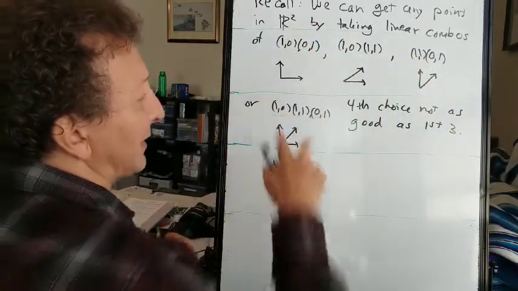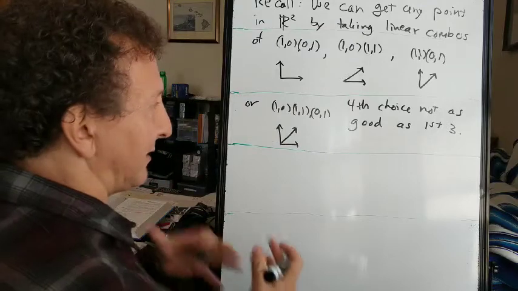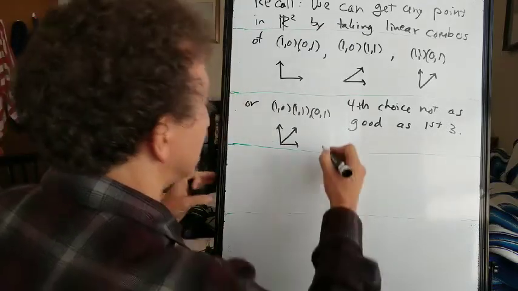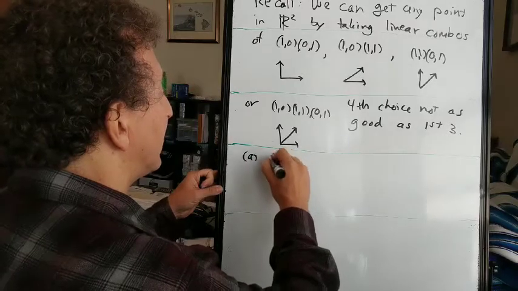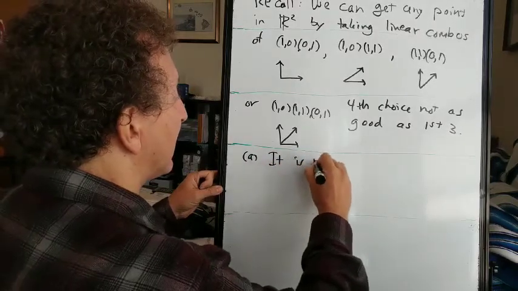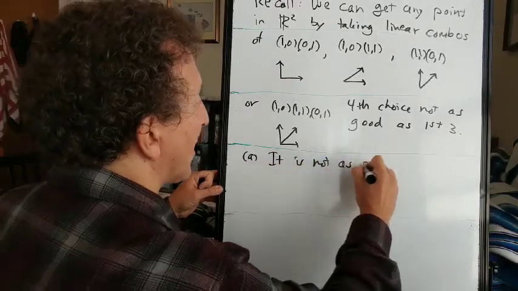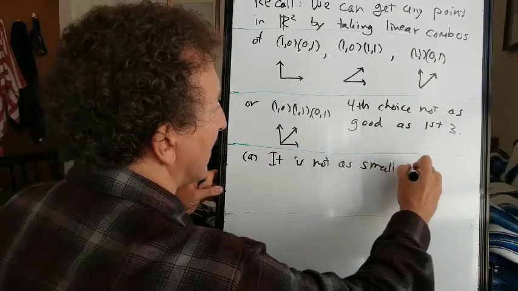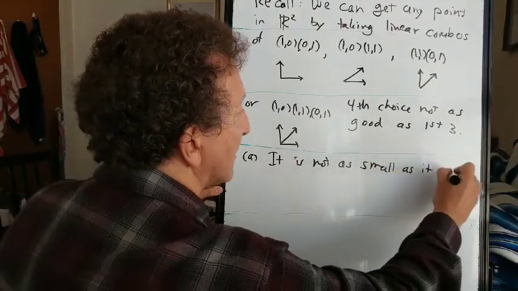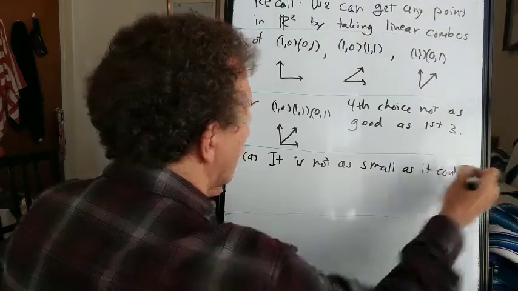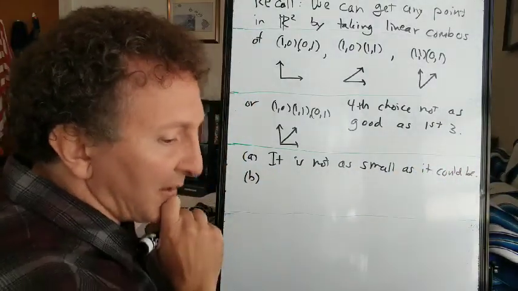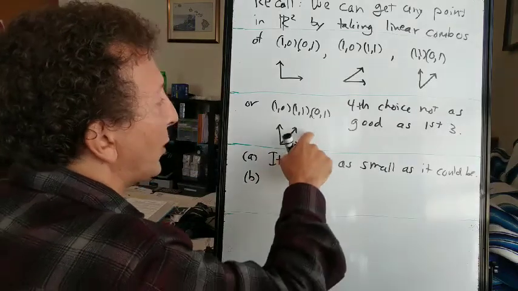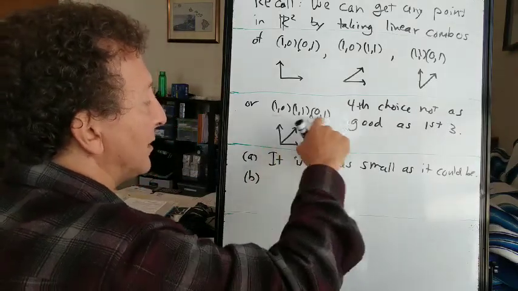This is a set of 3 vectors, so it's not as small as it could be. And another problem with it is that there's more than one way to get each point using these 3 vectors.